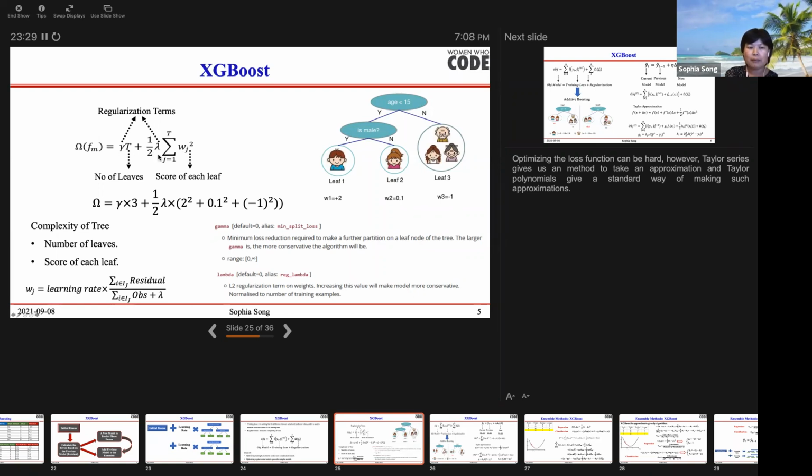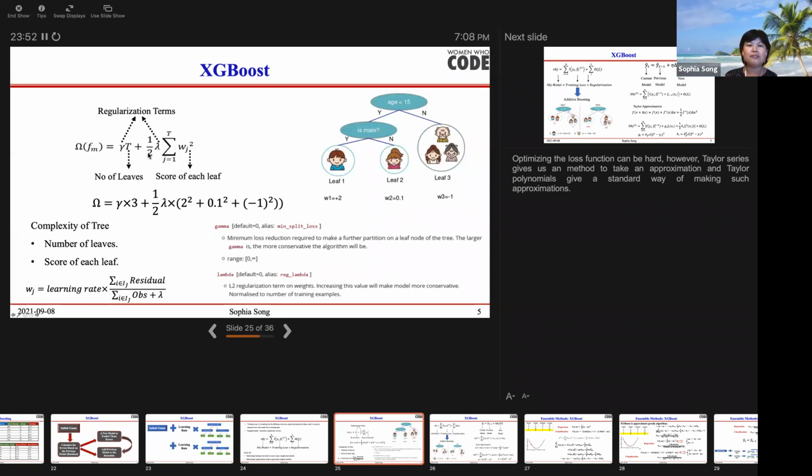So here, gamma and lambda are actually hyperparameters. You predefine them when you build the model. It's not learned by the model, so it's a hyperparameter, and we do not need to worry about that.